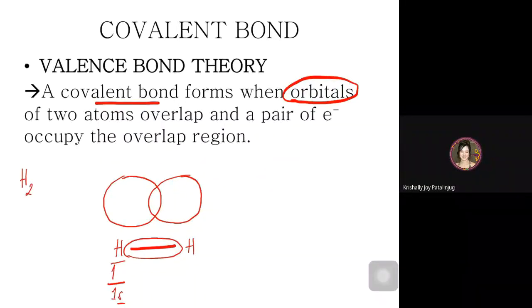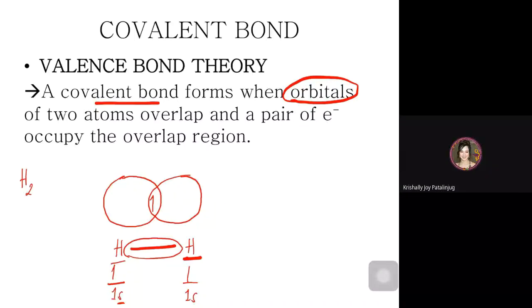So let's say this 1s orbital of hydrogen on the left side has 1 valence electron on its 1s. Of course, the other hydrogen also has the same number of valence electrons, which also resides on the 1s orbital.